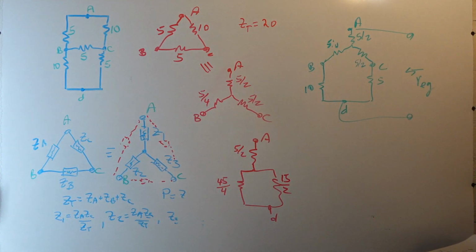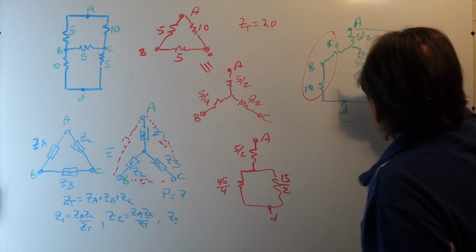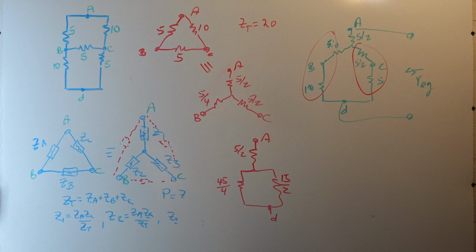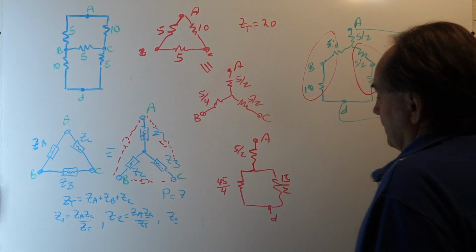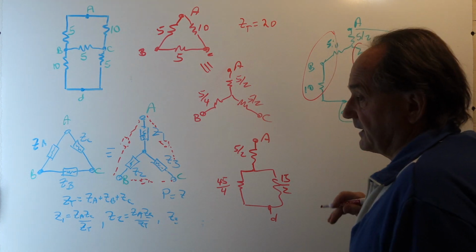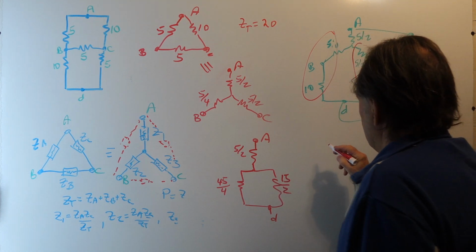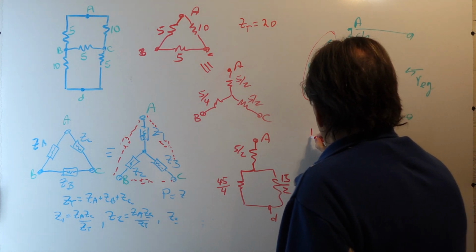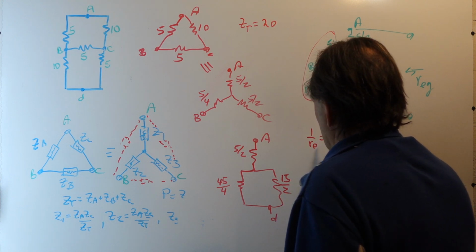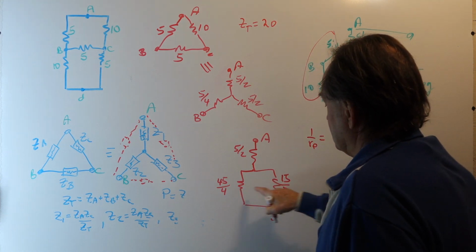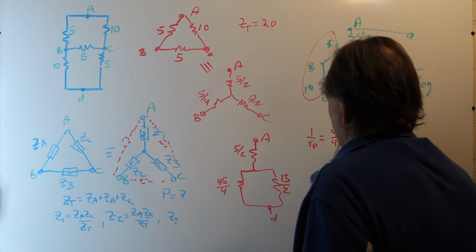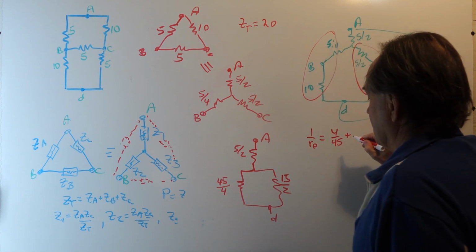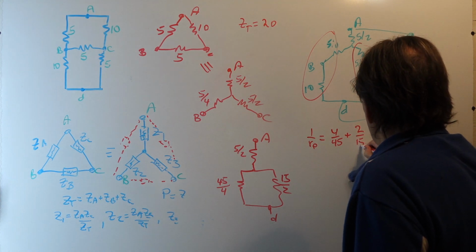So those are the equivalents. I've replaced that series combination and that series combination. Now these two are in parallel. With the parallel combination, we can do the reciprocals: 1 over R parallel is the sum of the conductances, which is 4/45 plus 2/15.